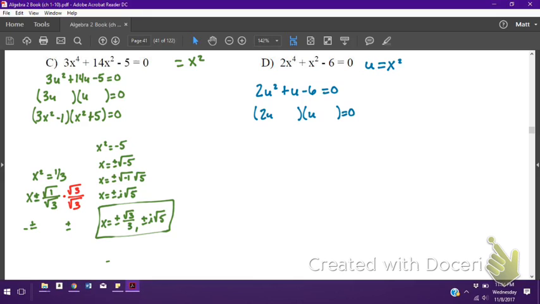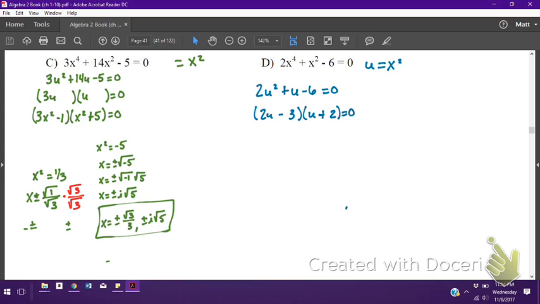Factors of negative 6 would be like 3 and 2, 1 and 6, right? Somehow I gotta get positive 1. If I did 3 and 2 here, that gets me 4 on the outside, 3 on the inside. In order to get a positive 1, I need a positive 4 and a negative 3. So I get 2u minus 3 and u plus 2.